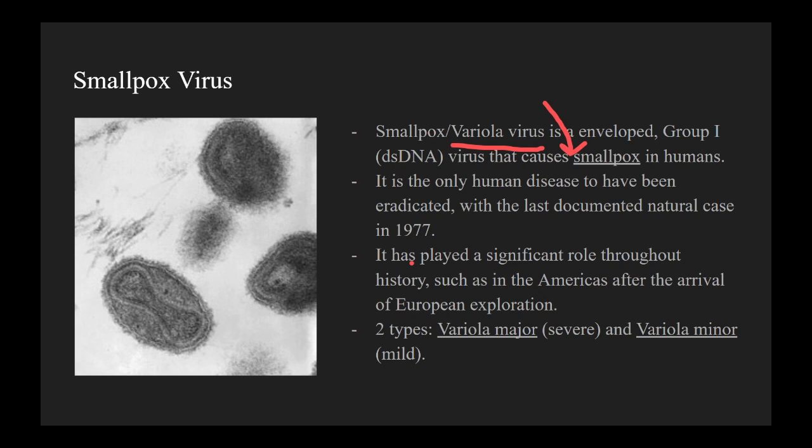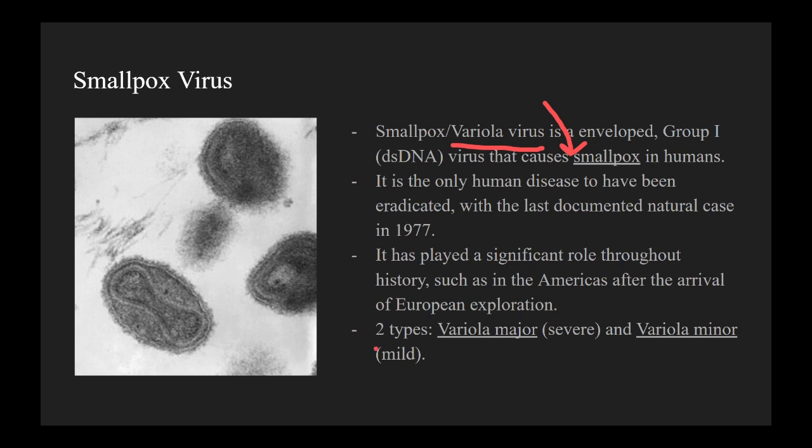It's played a very significant role throughout history, such as, I'm sure you guys have learned about, when the Spanish conquistadors arrived in the Americas to explore and to take all the valuables. They carried smallpox with them, and that completely devastated the Native American populations at the time, and that's only one of the major effects this virus has had in the past.